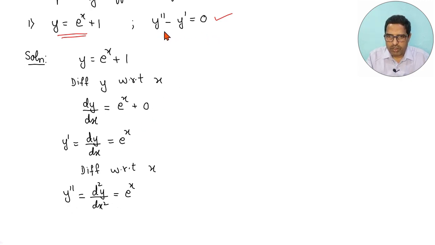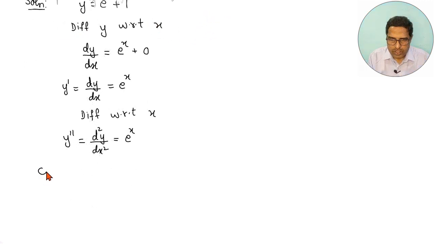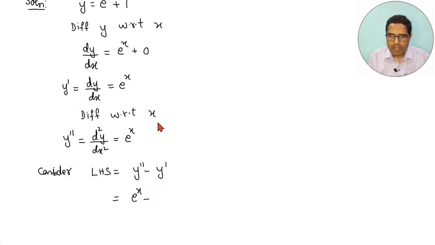We will take the left hand side of the given differential equation and prove that it equals 0 to verify. So consider the LHS value, y double dash minus y dash. This is nothing but y double dash value, which is e power of x, minus y dash value, which is e power of x.